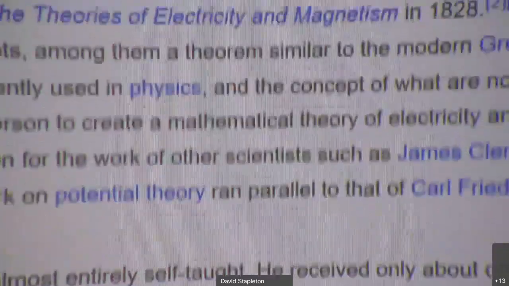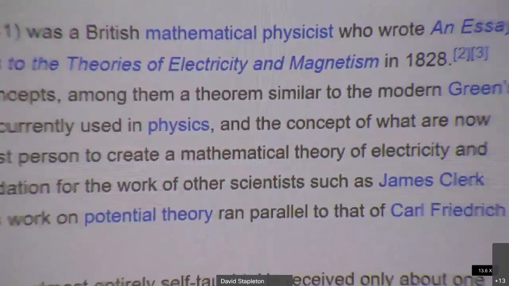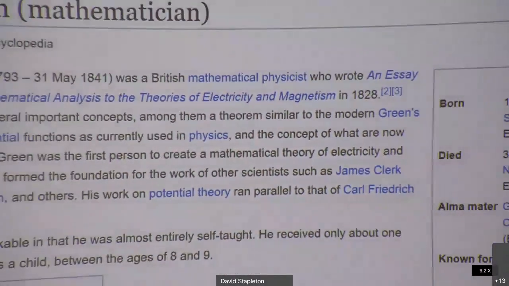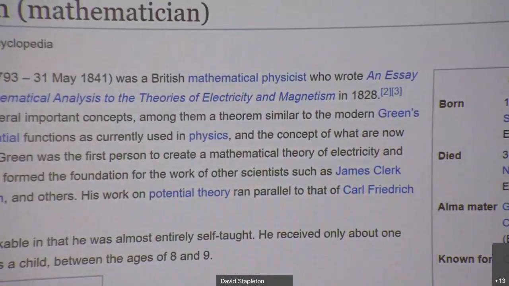It says George Green, 1793 to 1841, was a British mathematical physicist who wrote an essay on the application of mathematical analysis to the theories of electricity and magnetism. He sort of set up the way for James Clerk Maxwell to come along later and come up with Maxwell's equations that drive all our electronic devices we talked about before. So this theorem is named after him.